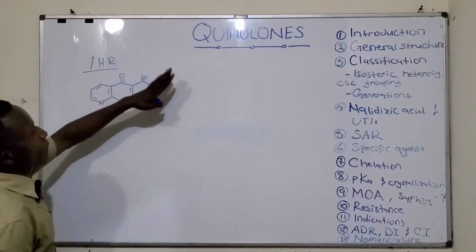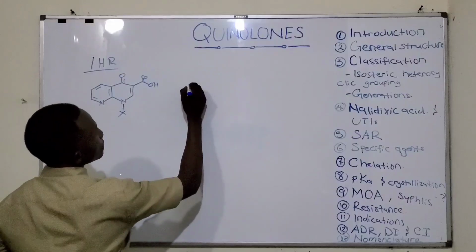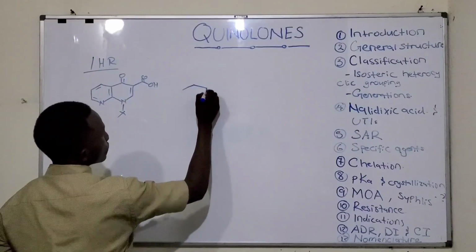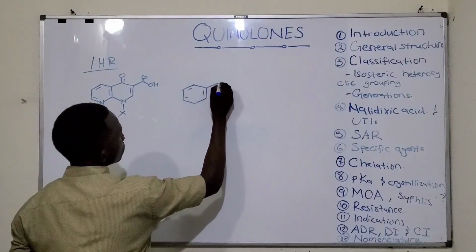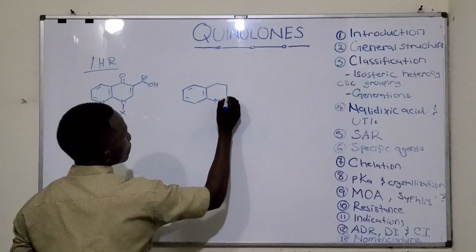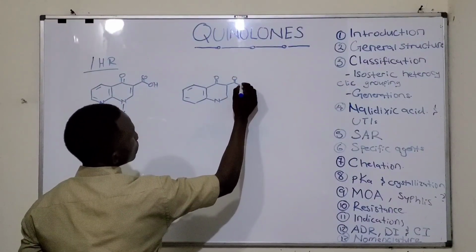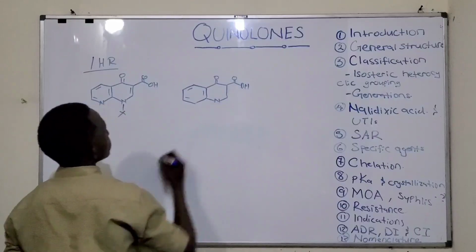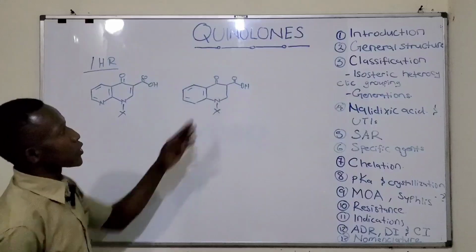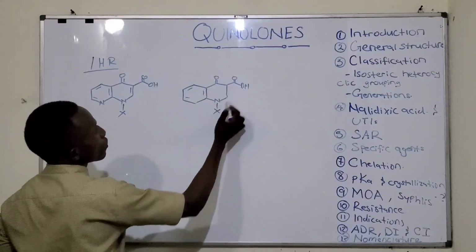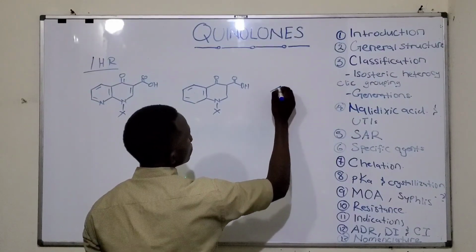So we can have the quinolones, which have this ring. We are going to see them. We can have the quinolones, which have this quinoline ring. We can have the cinnolines.